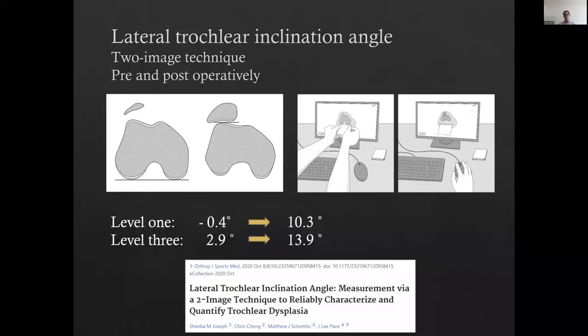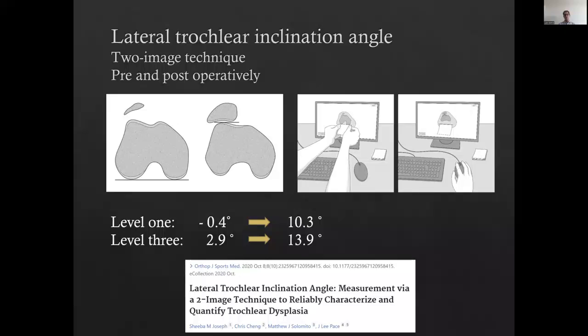In this study, we found that preoperatively on the most proximal level they had minus 0.4 degrees, and after surgery they had 10.3. So it's not completely normal, but it's better than preoperatively. And these are naturally average, or mean, measures.